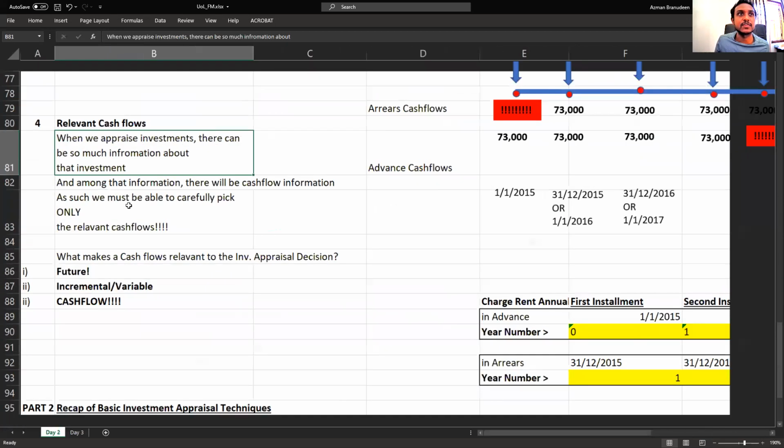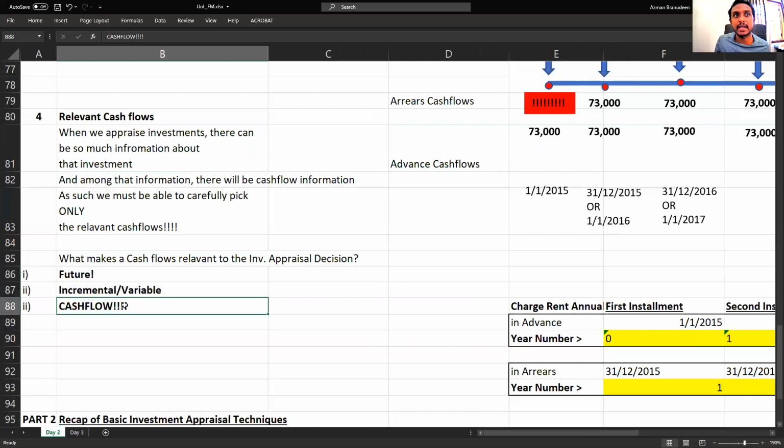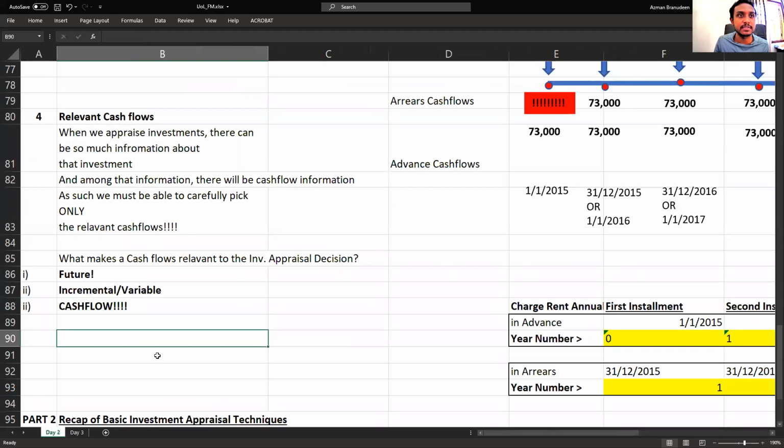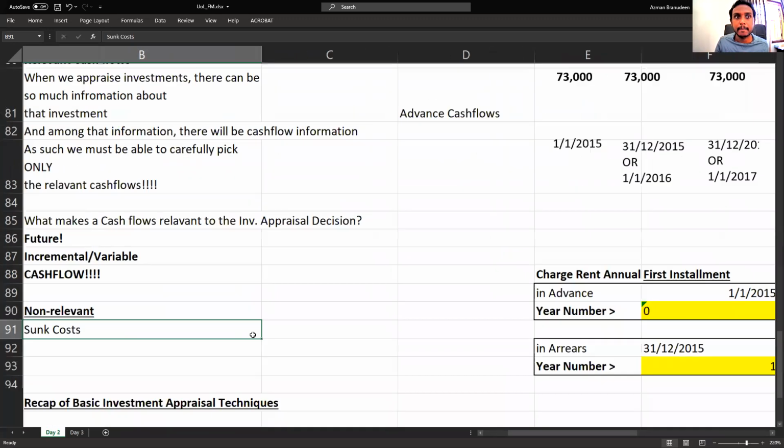What makes a cash flow relevant? Future, incremental, and it has to be a cash flow, literally a cash flow, which means I can simply identify non-relevant ones. So what makes a cash flow non-relevant, or give me examples of non-relevant cash flows? Sunk costs, correct?